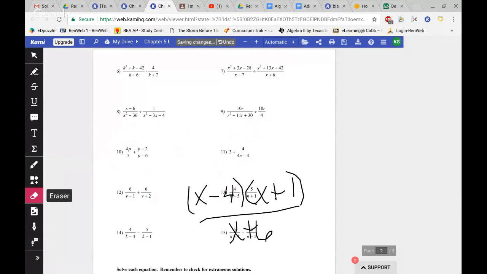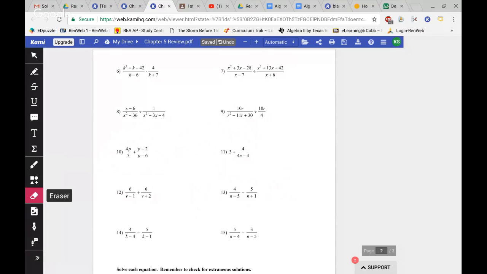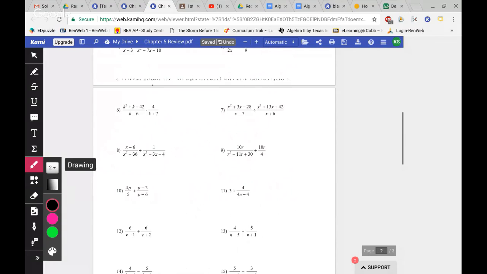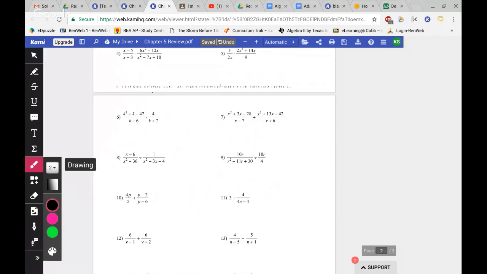Number 7. Once again, I'm going to factor as I write my keep, flip, change.